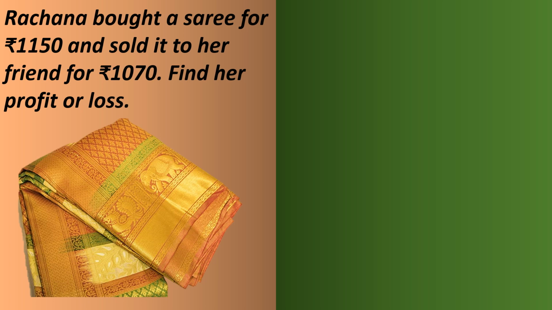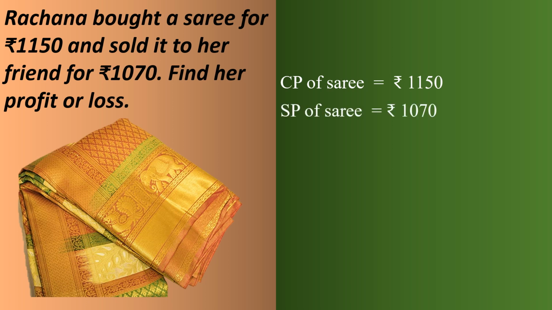See, at first understand the question. Rachna bought a sari for rupees 1150. It means cost price of the sari equals rupees 1150, and she sold it to her friend for rupees 1070. It means selling price of the sari equals rupees 1070. Now just observe this, cost price is greater than the selling price.